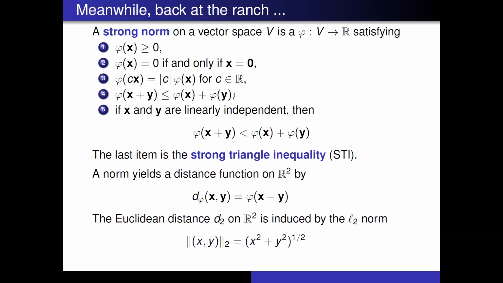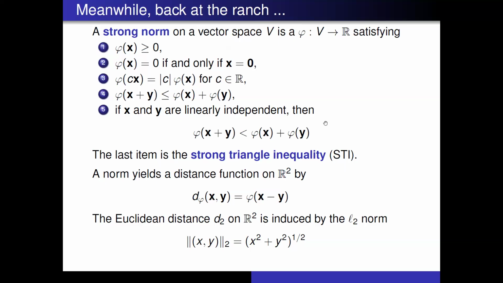In order to make a strong norm, I need to add the strong triangle inequality, which corresponds to the axiom we saw earlier. So, for example, if your norm is the L1 norm or the L infinity norm, where the unit circle is a square, they don't satisfy this.